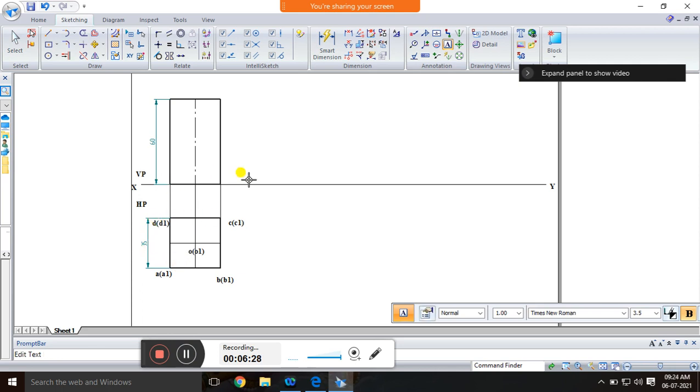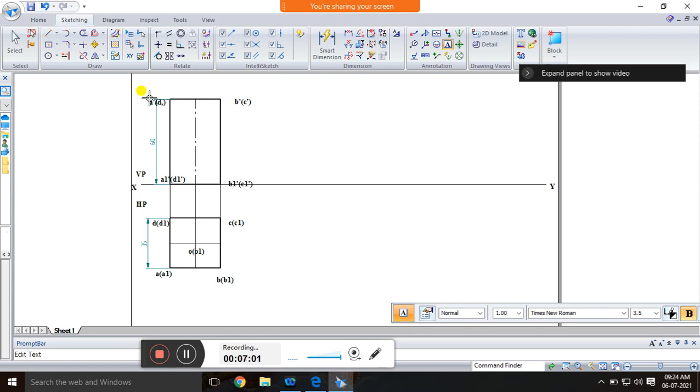So here, A1 dash visible, bracket D1 dash not visible. Here also the same thing: B1 dash visible, C1 dash not visible, and here B dash visible, C dash not visible, and here A dash visible, D dash not visible.